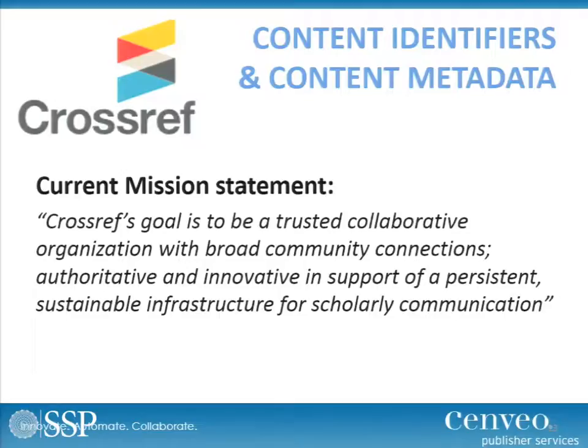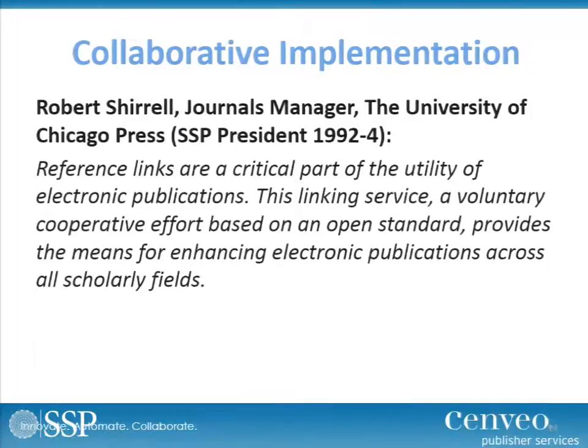Crossref has been important since day one, as this quote indicates, and a very collaborative community initiative. At University of Chicago Press, we had been working on direct links in our online journals to other publishers' websites, and we were very excited to see a new community infrastructure that would replace those proprietary solutions and enhance the content.